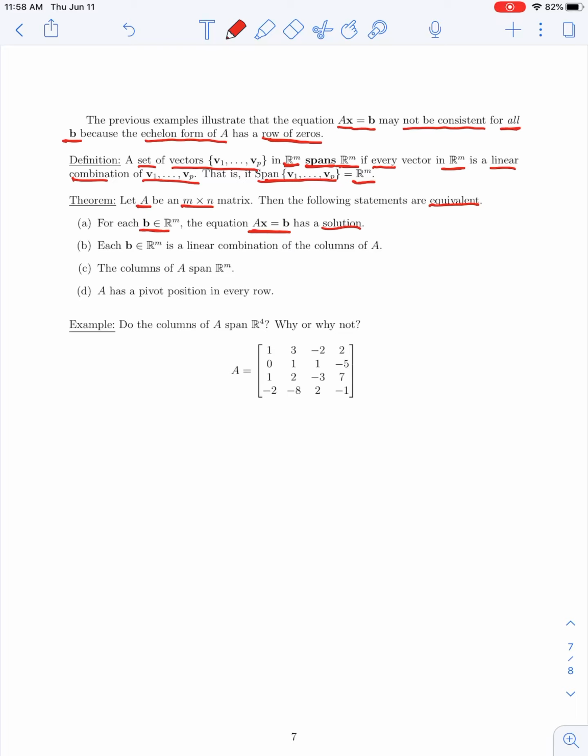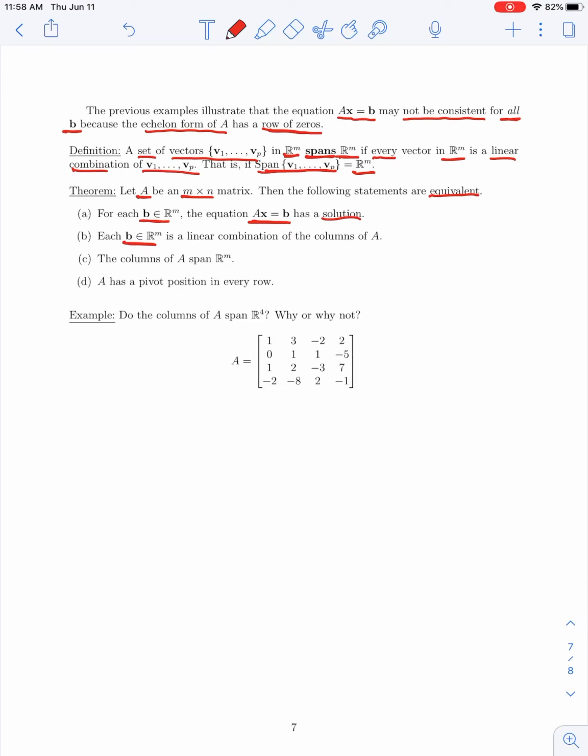So if a matrix equation has a solution for every vector b, that is equivalent to, for any vector b, we could express that vector as a linear combination of the columns of A, because we saw that that matrix equation can be written as a vector equation where we have a linear combination of the columns of A.